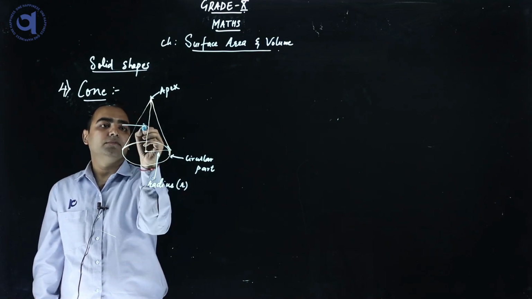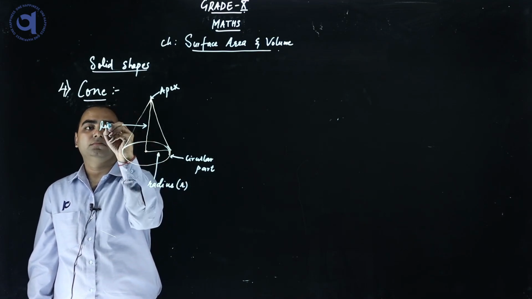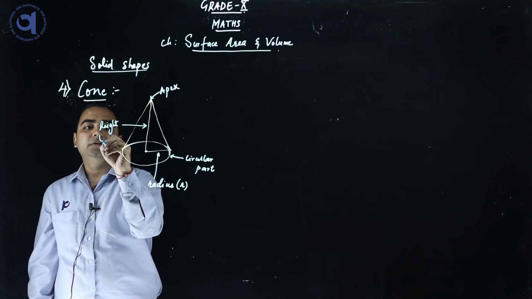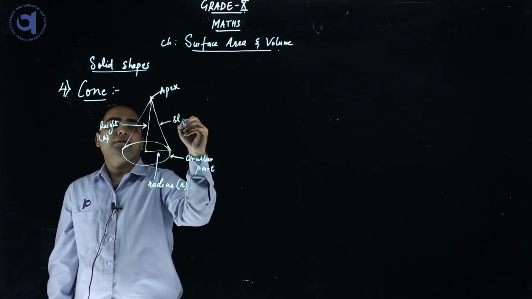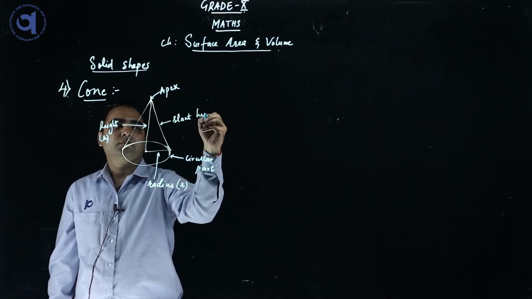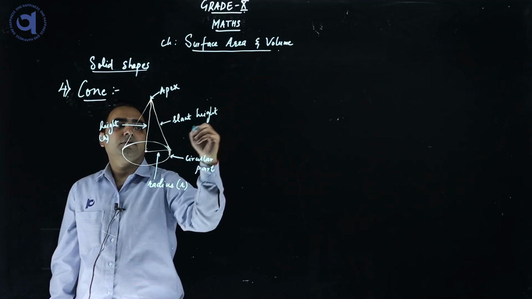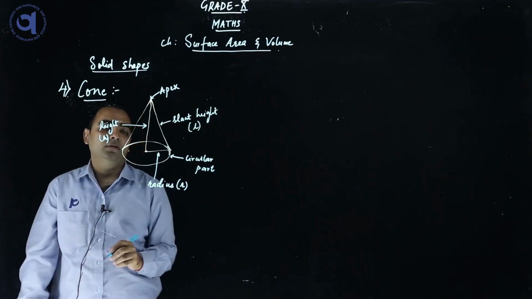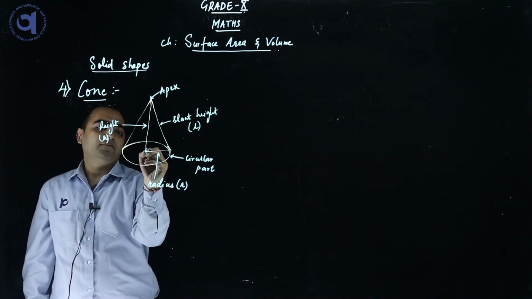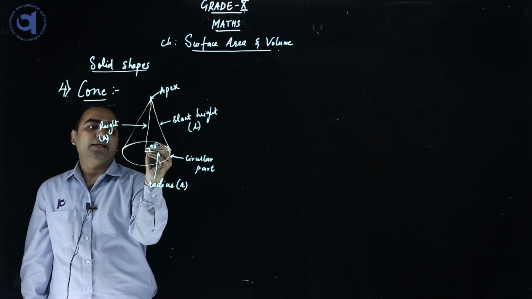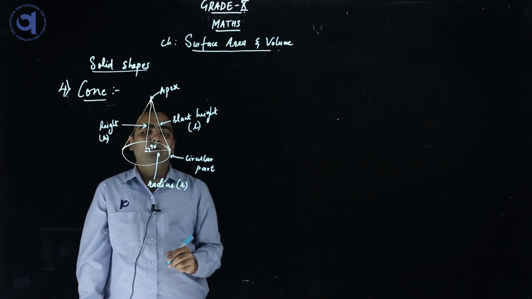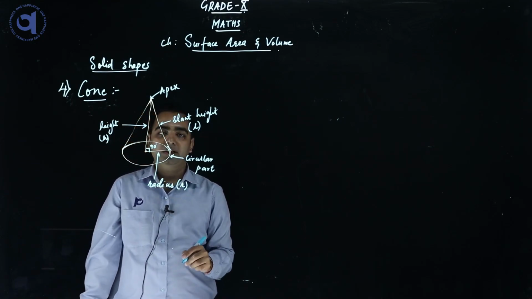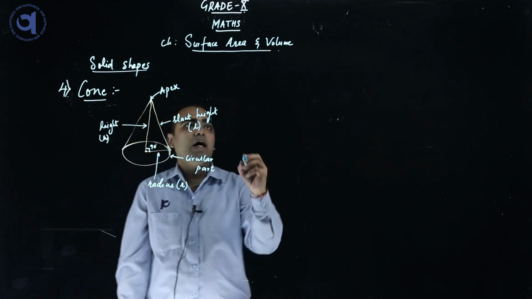This will be the height of the cone, that is h, and this is called the slant height, that is denoted by L. Now as you can see here, it is forming an angle of 90 degrees, means this is a Pythagoras theorem. If I want to find any one of them, that is radius, height or slant height, how can I find it?